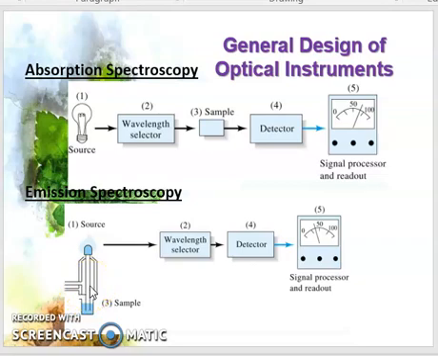At the excitation stage, we don't measure anything, but when it goes back to a lower energy level, it emits radiation, then that emission will be recorded. In absorption, we provide radiation, the sample absorbs. The absorption process is already measured, but in emission, then baru dia measure. Then normally, same, we have a wavelength selector, detector and data processor or readout.